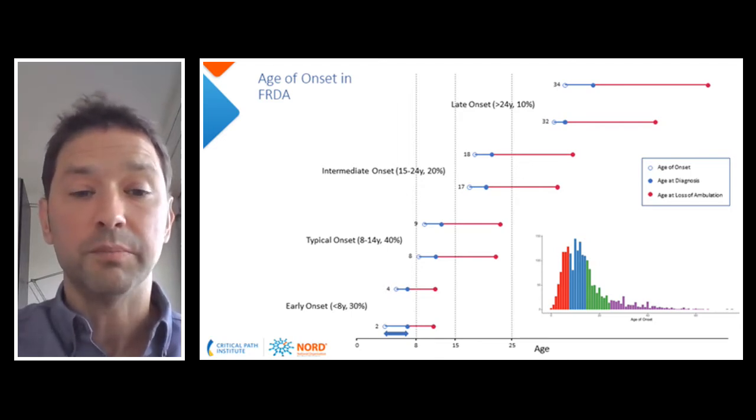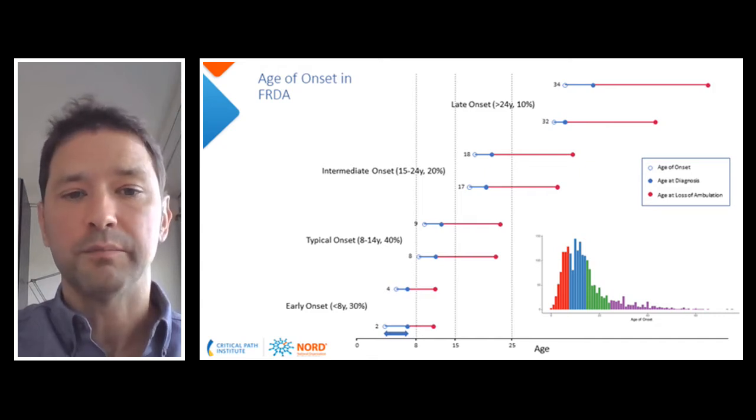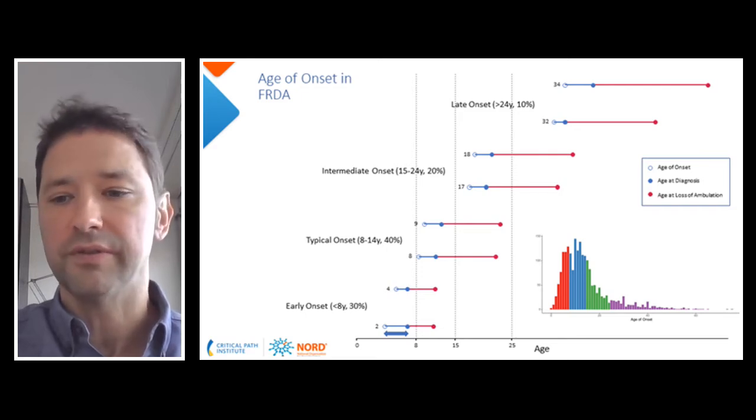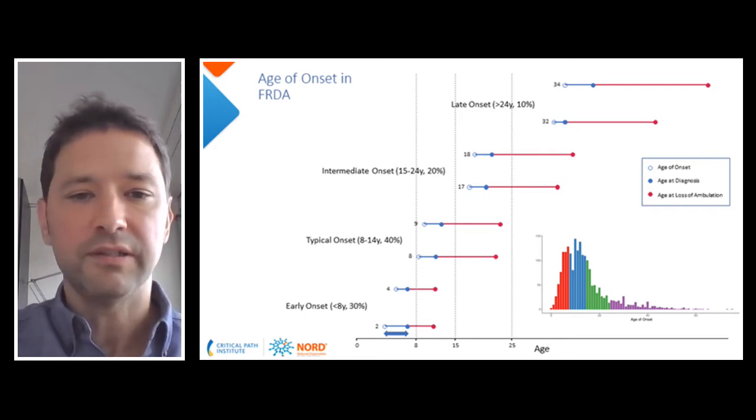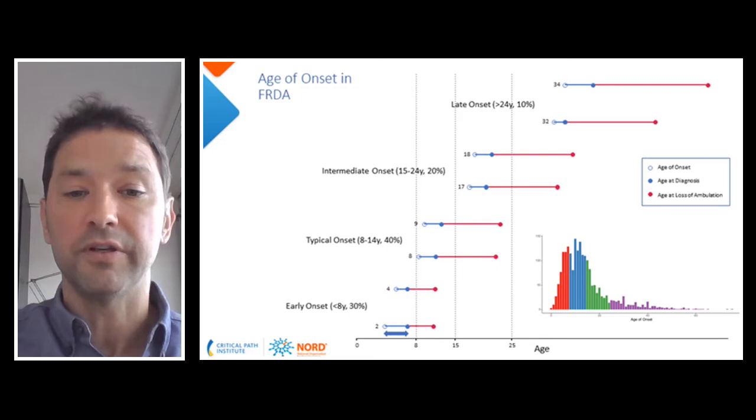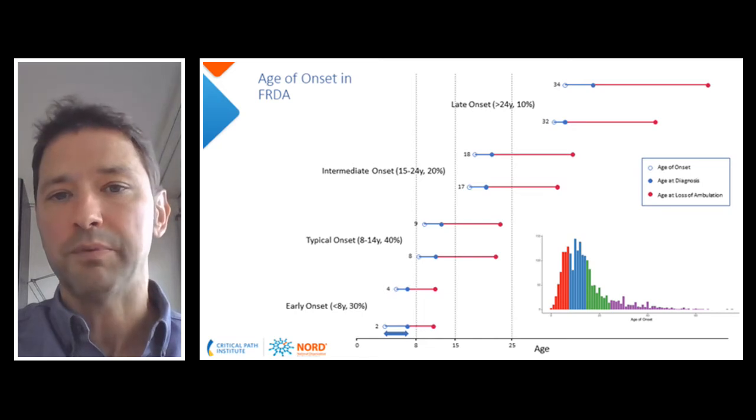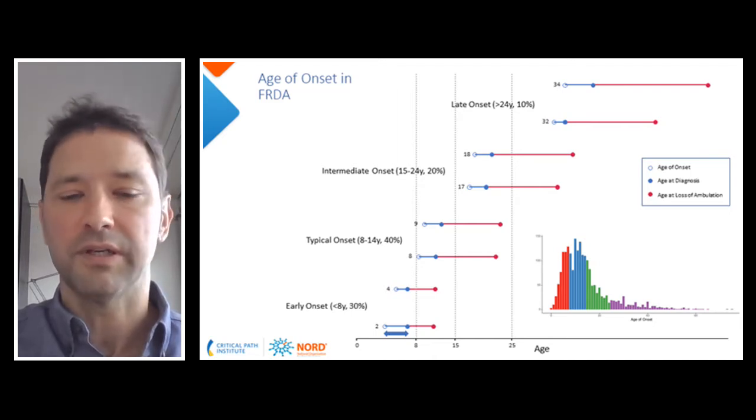So there's really early patients, and I've shown here up to 30, but in the database we have people with onset up to 70 years of age. And you can see easily if I put the first milestone, loss of ambulation, on the scale, then you see that this can happen very early, in basically early teenagers in the most severely affected, while people who have an adult onset basically can walk for decades after onset.